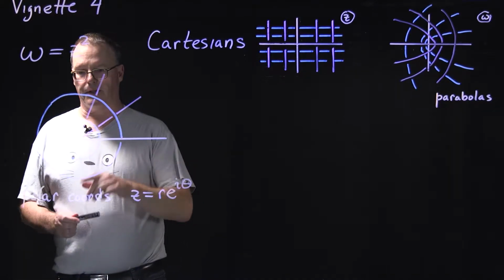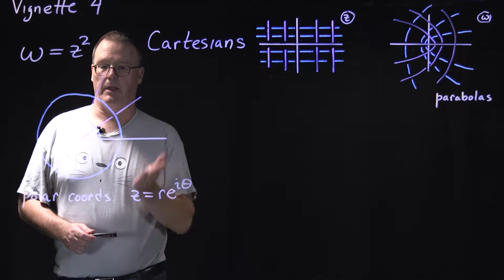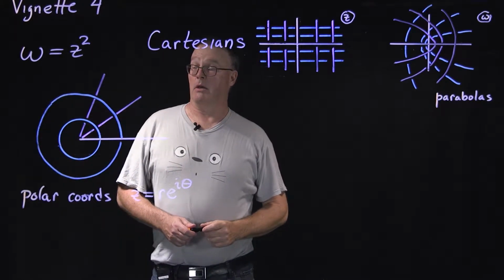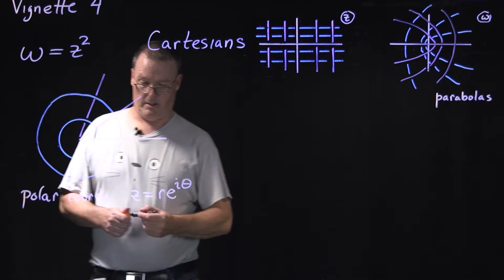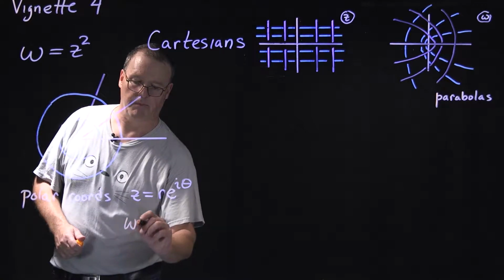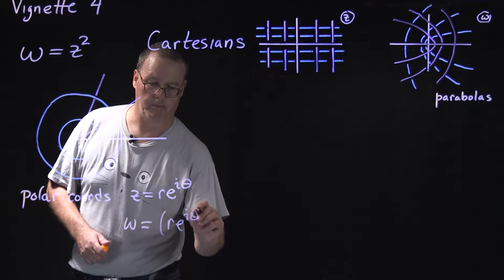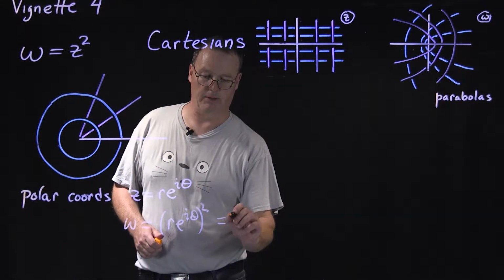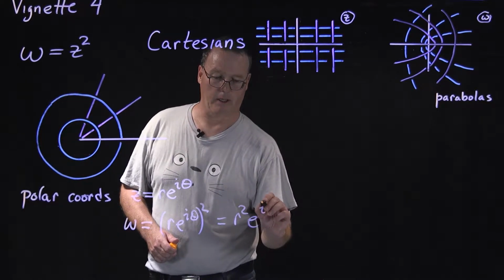In this case, r is the distance from the origin, and theta is the angle from the x-axis. So if z is r e to the i theta, then w is (r e to the i theta) squared, and all the usual rules, of course, apply. So that gives us r squared times e to the i times 2 theta.